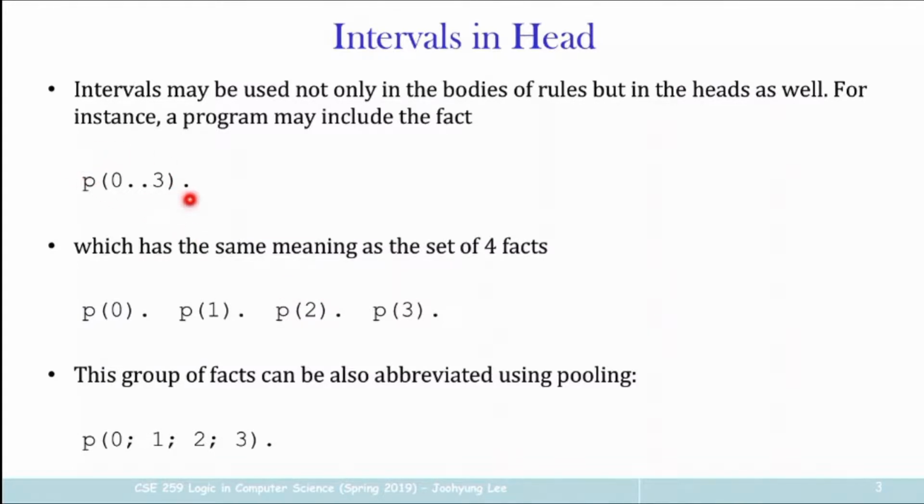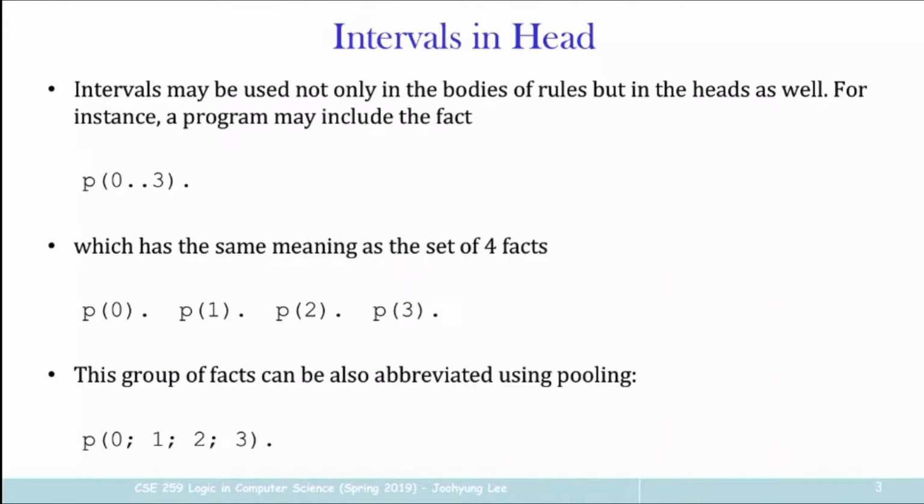The only thing that matters is the bounds. The numbers should be integers or something that can be evaluated as integers. You can write some arithmetic expression in place of these two numbers, but ultimately this should be evaluated as integers.